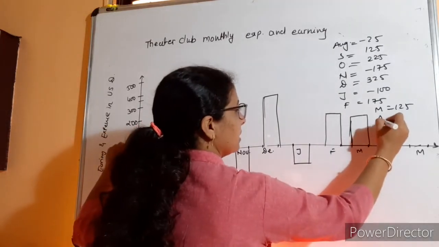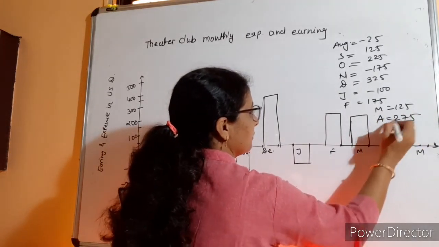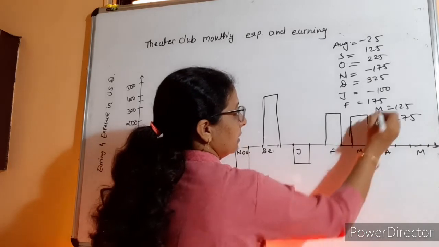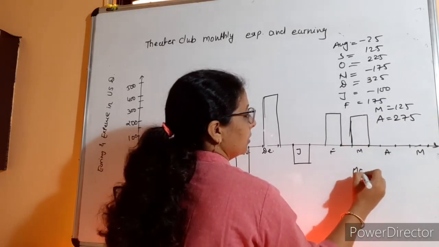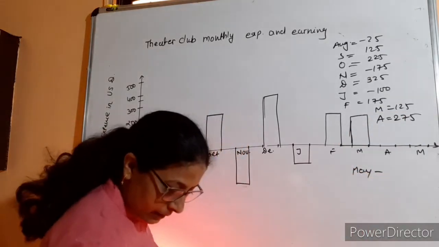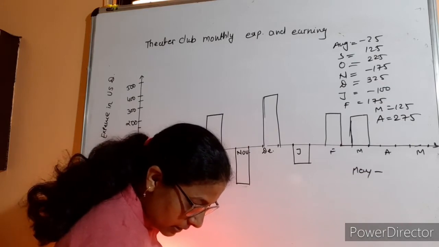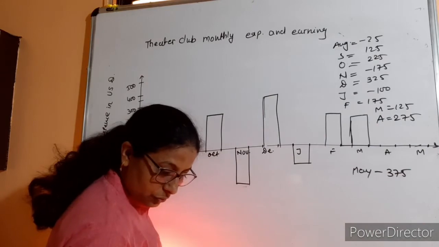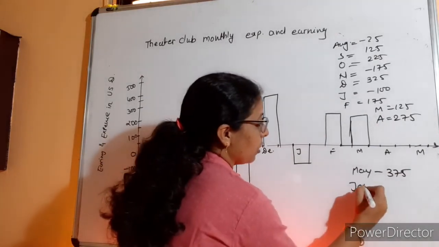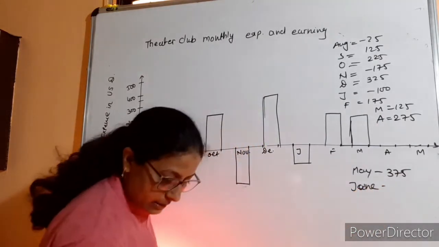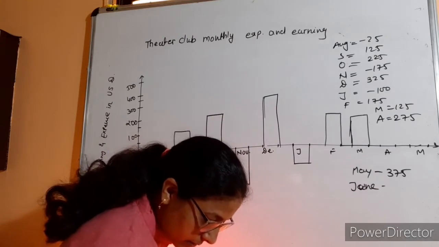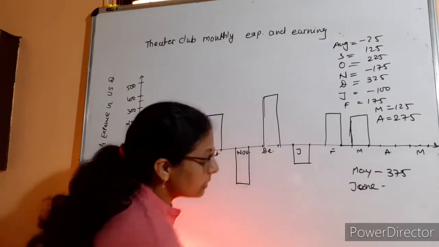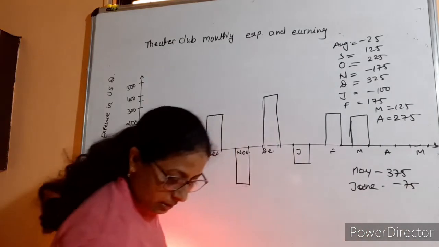So I'll just write here April is 275. In May it is given 375. In June it again goes to loss, minus 75.